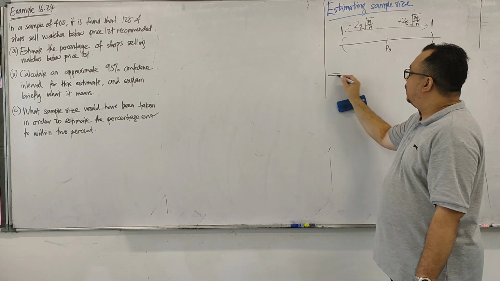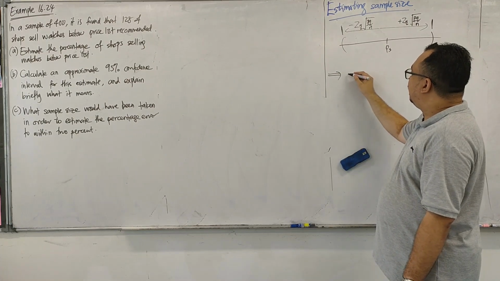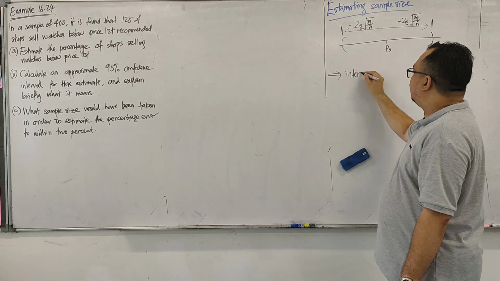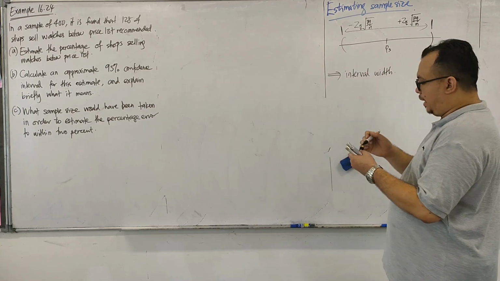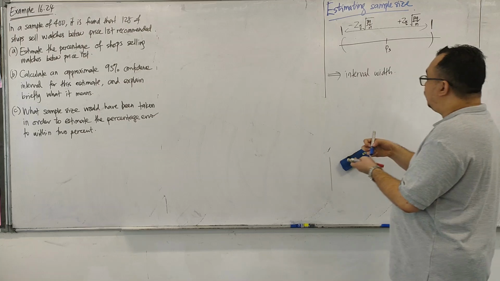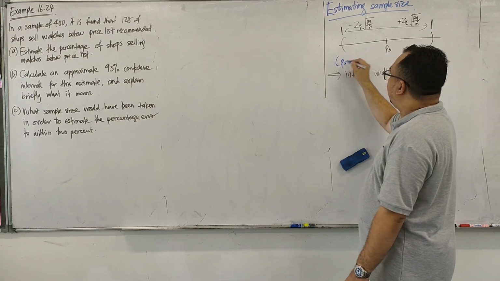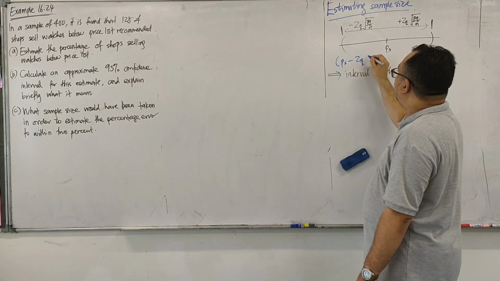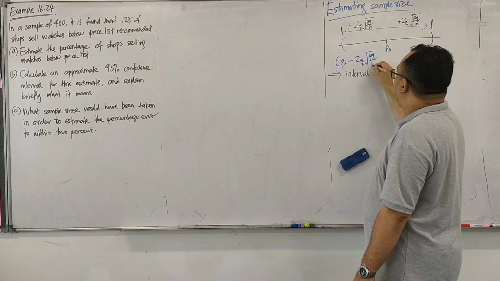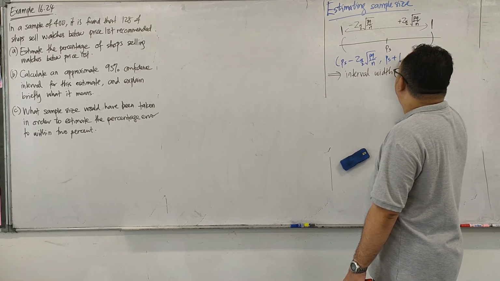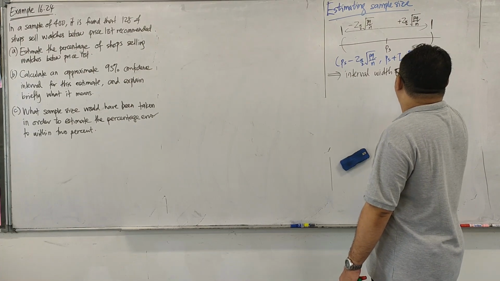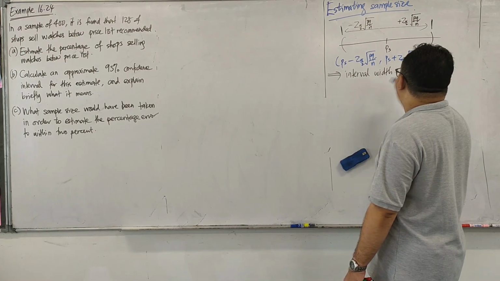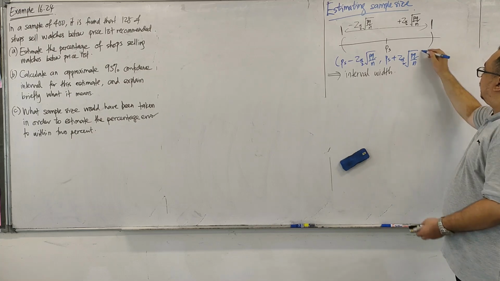So from this info, how do you get your interval width? Okay, so apa formula kita? Tulis formula dulu. PS minus Z alpha over 2 PQ over N, PS plus Z alpha over 2 PQ over N. Okay, so this is your formula.